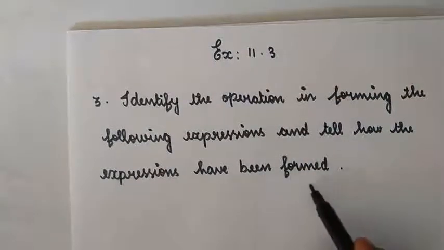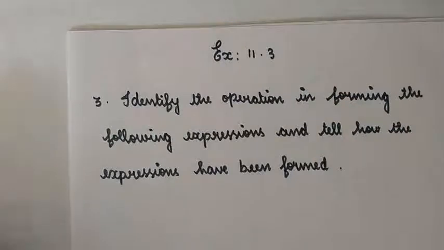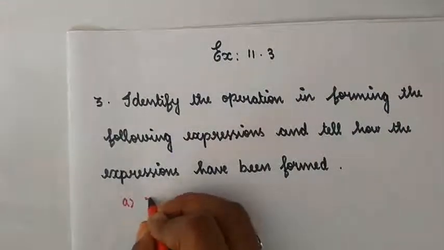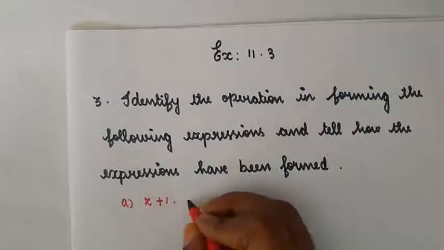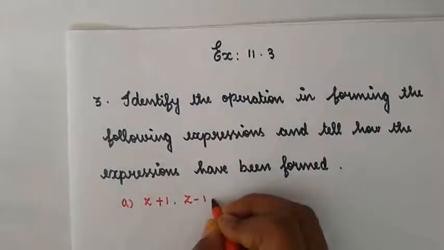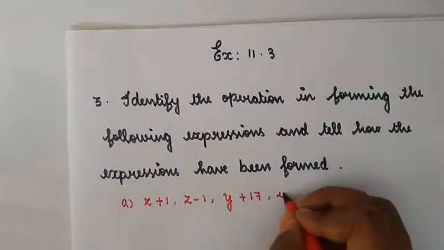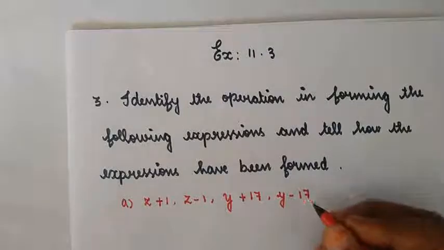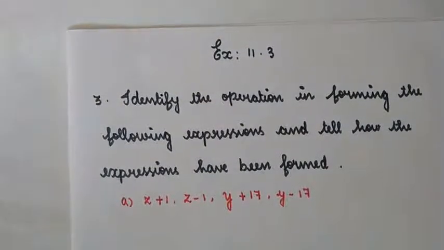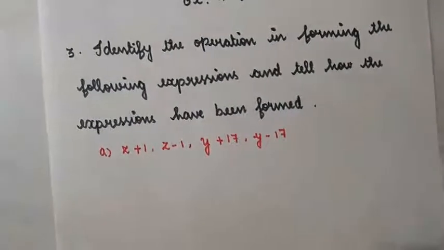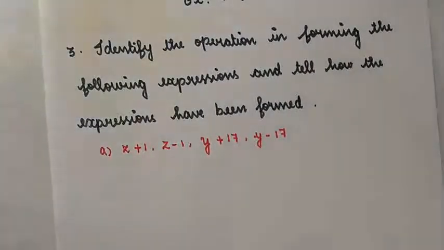Let me take subdivision A: z plus 1, z minus 1, y plus 17 and y minus 17. This is our subdivision A. Here we have to write in words. Here given is the expression. We have to convert the expression into words.